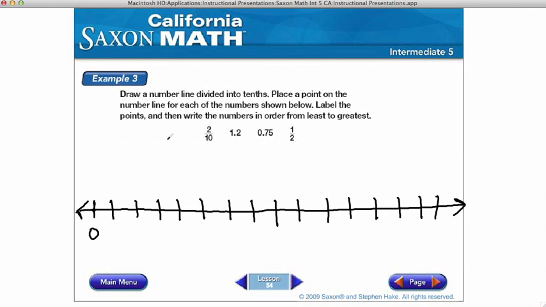I'm going to label kind of the halfway mark. So 1, 2, 3, 4, 5/10, 6, 7, 8, 9, 10/10, or 1. 1, 2, 3, 4, 5. 1 and 5/10. Sorry. Let's erase that.